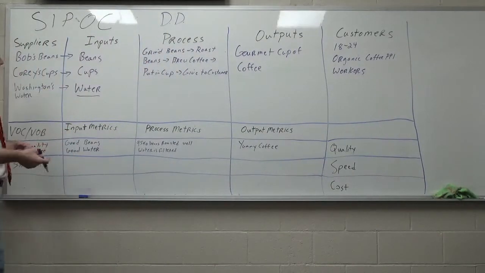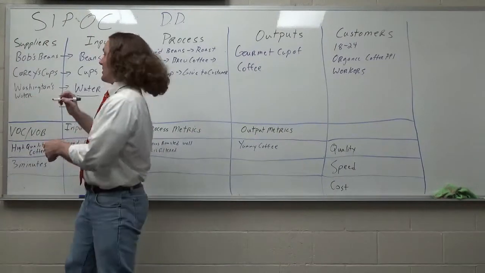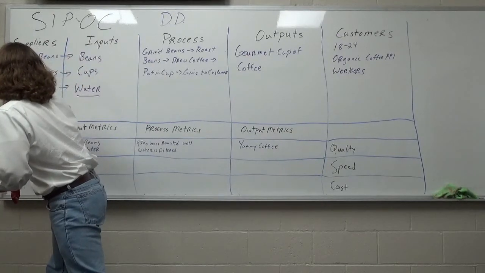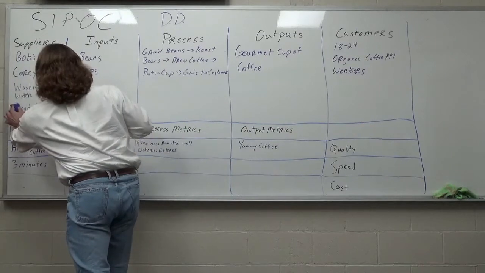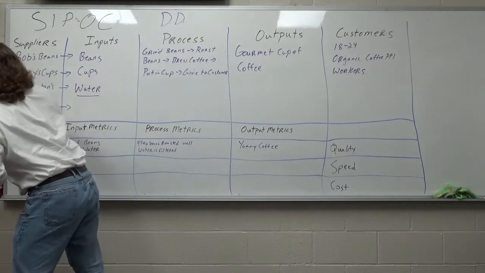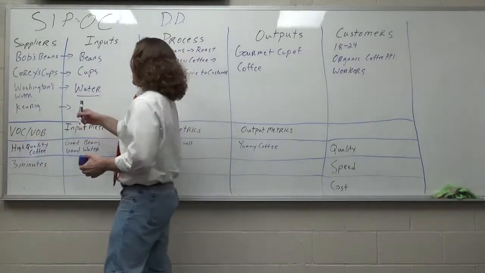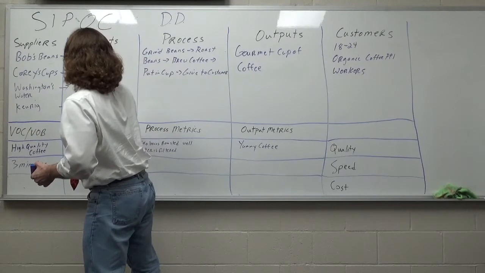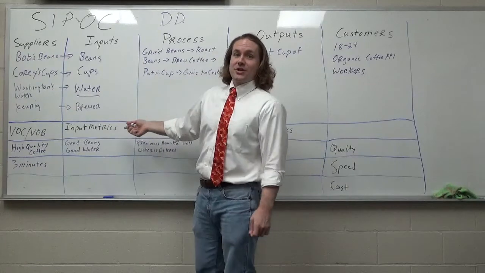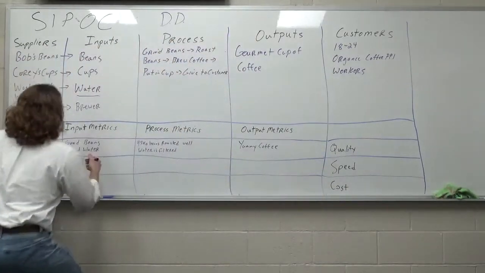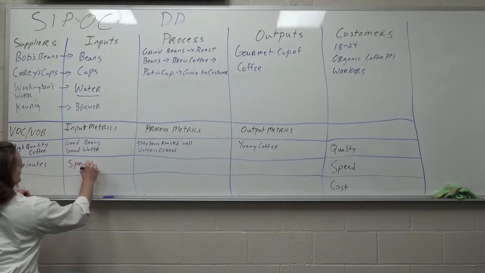And you see, we're kind of improvising this as we go. So we might also have, make sure you can see me on the camera, a good, let's see, switch these around. So let's put Keurig here. Okay, Keurig is a supplier. What do they provide? A brewer. Okay, so for the input metric, you want to make sure that Keurig doesn't break down. So your input metric is a special Keurig thing that makes it in 3 minutes.